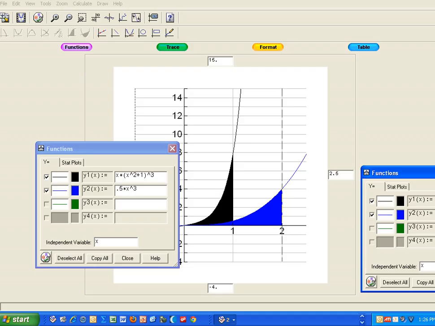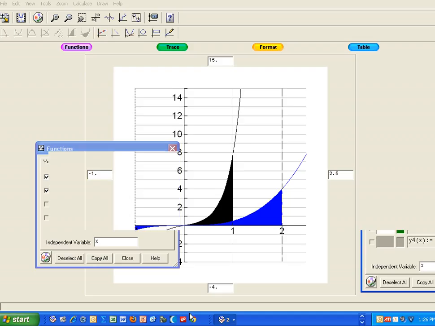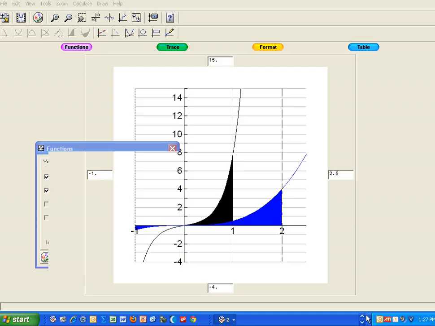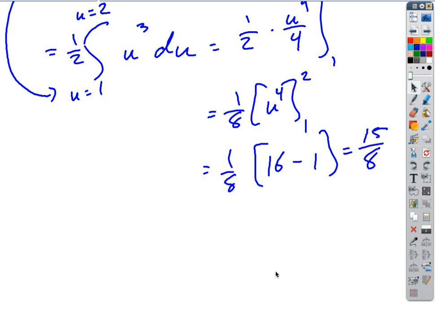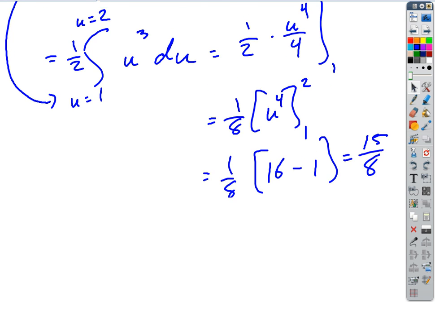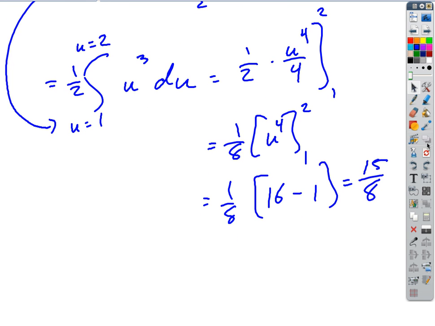Now let's compare this to what we did yesterday. Hold that picture in your brain. If we go back to the concept we did yesterday, we would have had to go one step further with this, right?